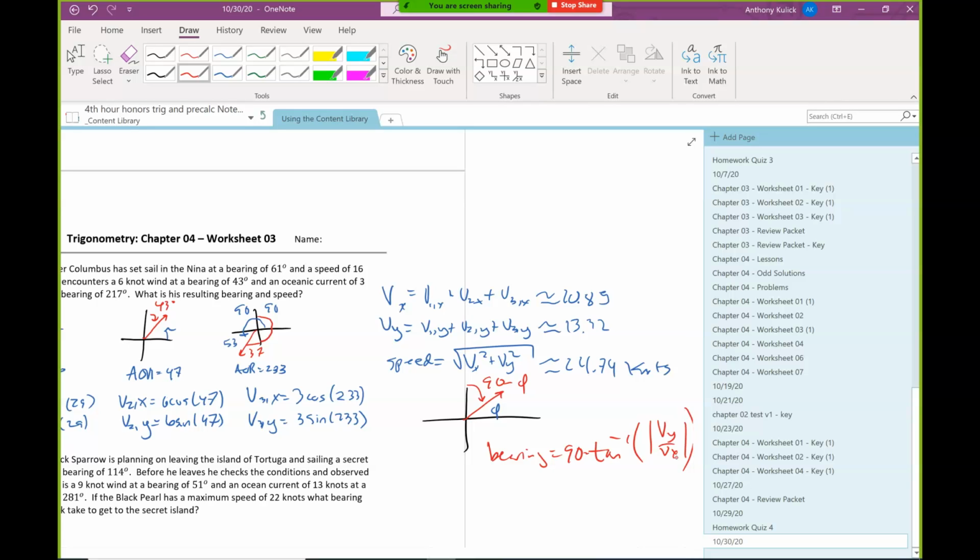So 90 minus tan inverse of Vy over Vx. That comes out to be about 57.43. Is that okay, Jason?